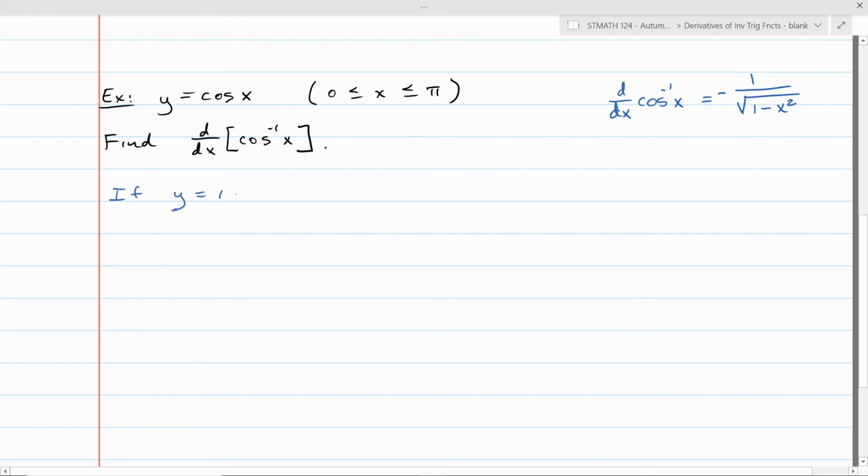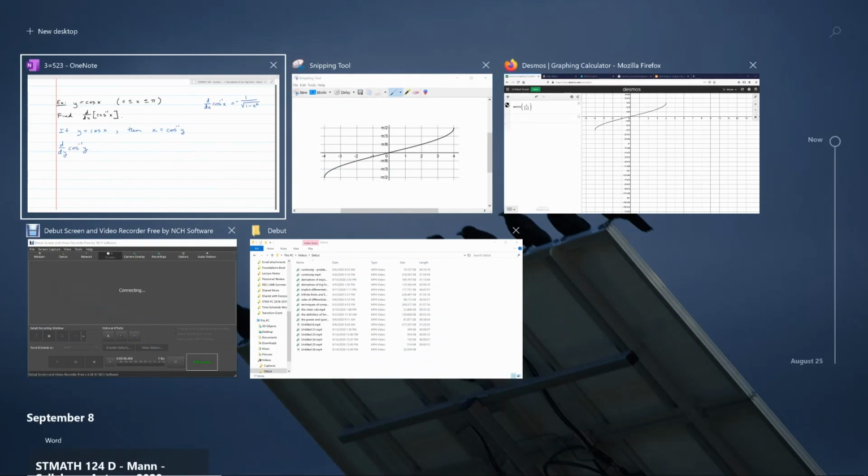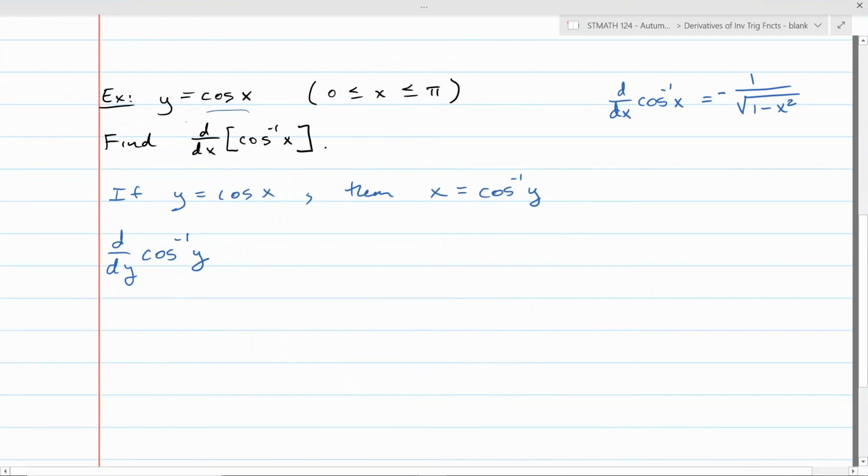So if y is equal to cosine of x, then we know that x is cosine inverse of y. If I take the derivative with respect to y of cosine inverse of y, notice that's really just doing the same thing as the original here. That's dx/dy. So I can write that as 1 over dy/dx.